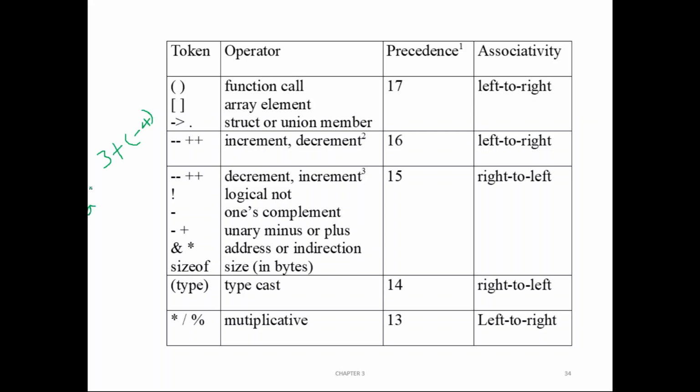It means actually a is equal to 3 minus 4, because this minus is now associated with only this 4. So this is a unary operator, whereas this plus is a binary operator, because it is operating on two operands, 3 and minus 4. Whereas this minus is applicable only for this operand.